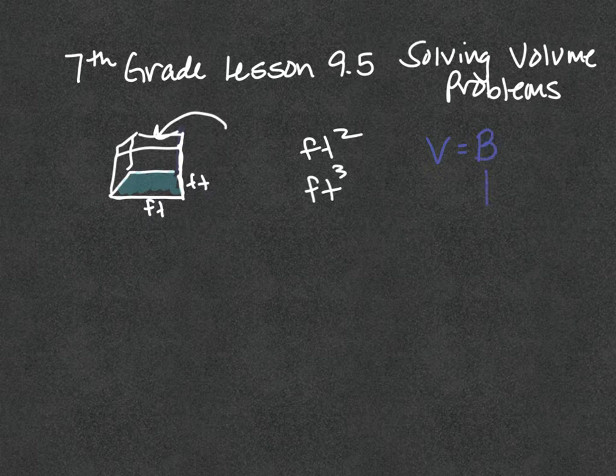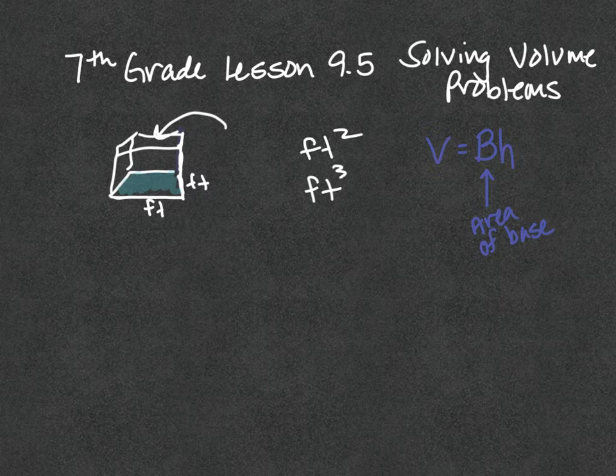What that really means is the area of the base, whatever the base is, times the height or the depth of the prism. Okay, but in order to have this part down and memorized, or not memorized but done, we have to know what shape our base is and which formula to use for that.